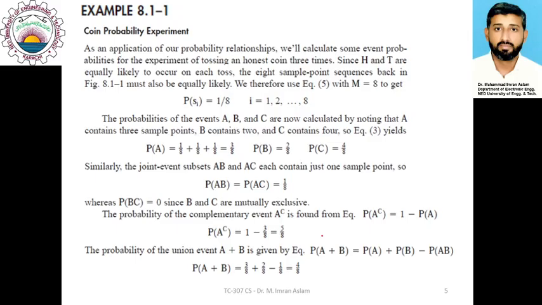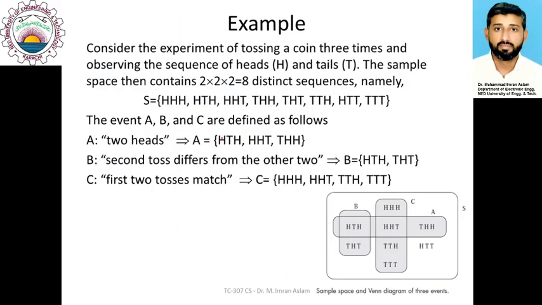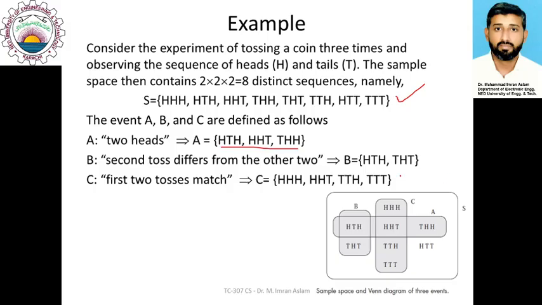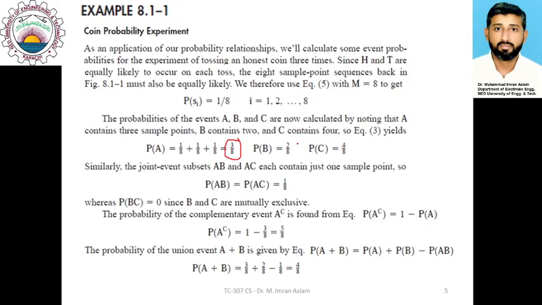If I ask you to find the probability of individual events, P of A, P of B, and P of C, you can see that A contains 3 elements, whereas S has a total of 8 possible sample points. In that case, the probability of A will be 3 over 8. B has 2 elements and the sample space contains 8 elements, so the probability of B will be 2 by 8.